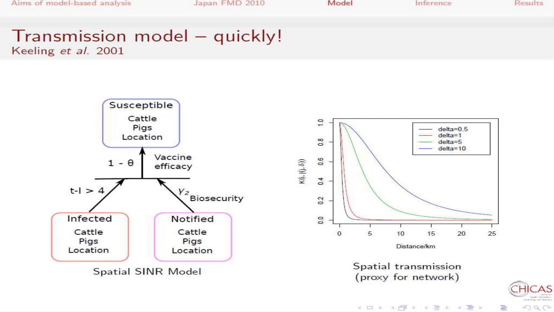Okay, so I'm saying if a vaccine is 80% efficacious, this reduces a farm's susceptibility to 20% of what it would be without the vaccination. So that's my vaccine efficacy, and then my spatial extent really is governed by a spatial kernel, which I use as a proxy for the unobserved network that occurs between farms that might spread infection. And I want to estimate the decay, or how quickly this kernel decays with distance.